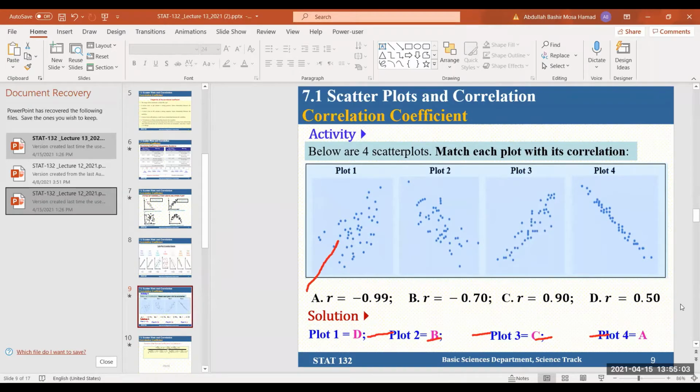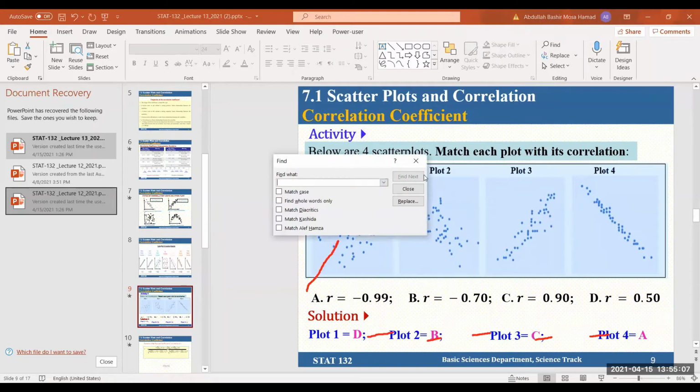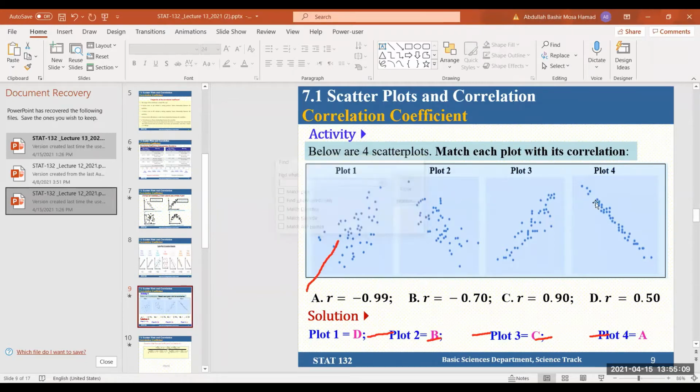It is positive, doctor. I think it is 0.9. Yes. The last one looks like a strong negative relation, so it is minus 0.99. Clear?